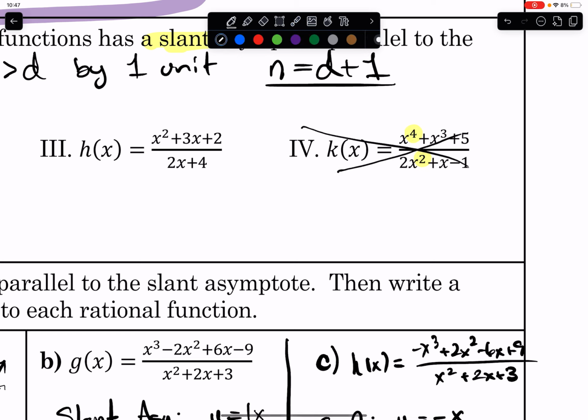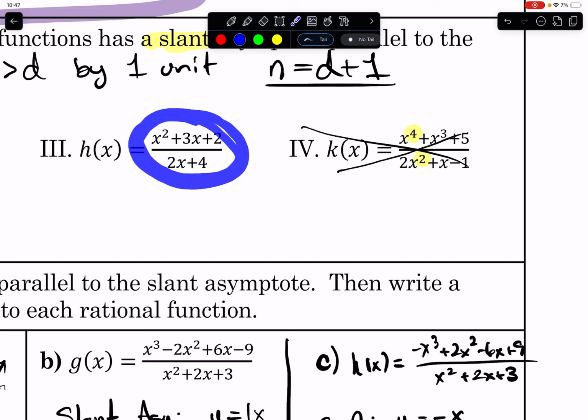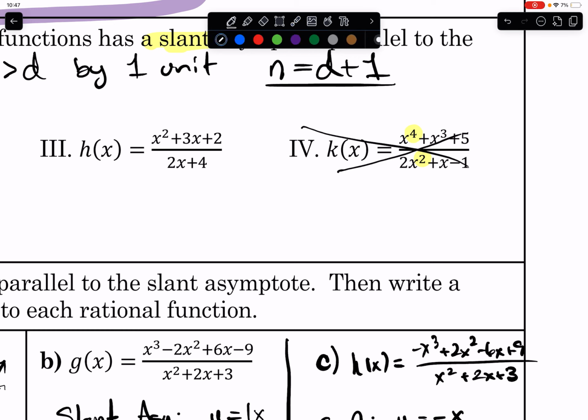So the correct answer has to be this one right here, that when I figure out what the slant asymptote to this is, it should be parallel again to 1 over 2. And let's see what it is. Well, if I get 1 and divide it by 2, that's exactly it.